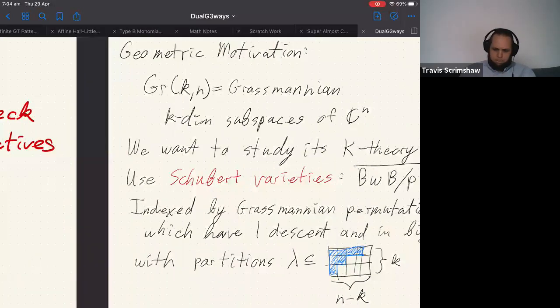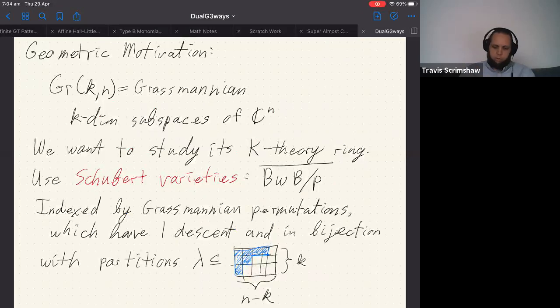Anyways, so what are dual Grothendieck polynomials? What we're going to be looking at is actually a motivation coming from a geometric problem, which is studying the Grassmannian, which are k-dimensional subspaces of n-dimensional space. In particular, I'm going to be working over C because everyone likes an algebraically closed field of characteristic 0.